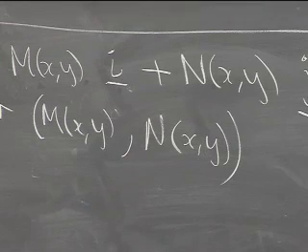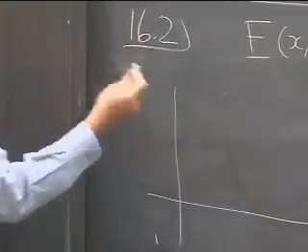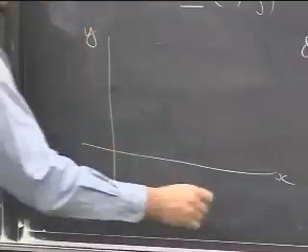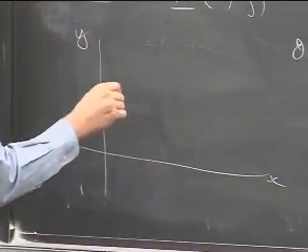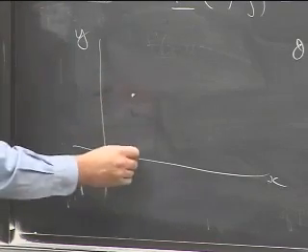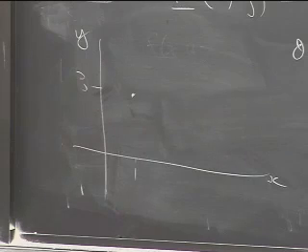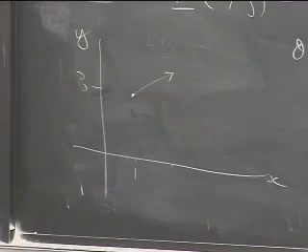But the nicest way to think about it is this. Suppose the domain is somewhere around here, it could be the whole plane, whatever. Here's x, here's y, otherwise known as i, j. To emphasize that it's a vector, suppose I plug in this value of x comma y, say 1 comma 3. I don't just get back a number, I get back a vector. So what I want to do is actually draw the vector in here.